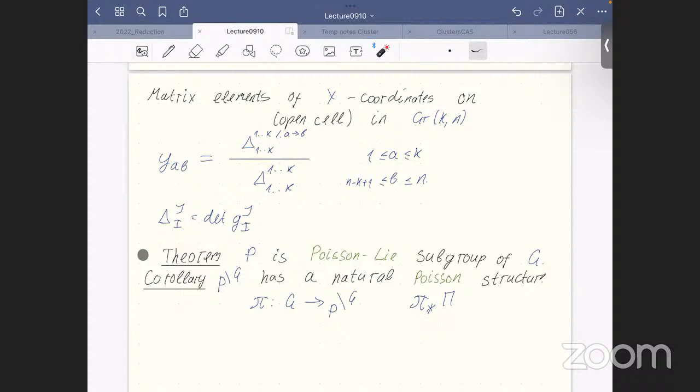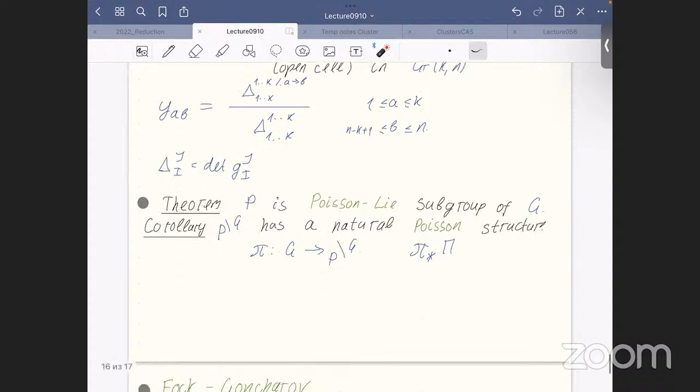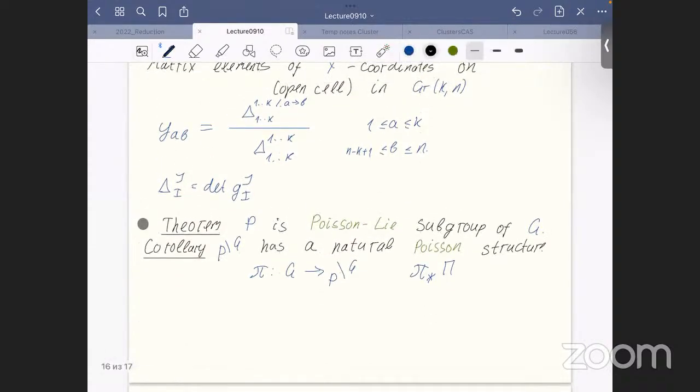So we can actually compute the Poisson bracket. Or in other terms, equivalently, for any two functions f and g on the homogeneous space, okay, let me write that they are rational functions, but this is not important.